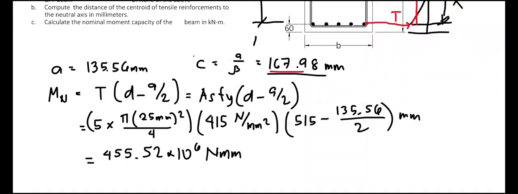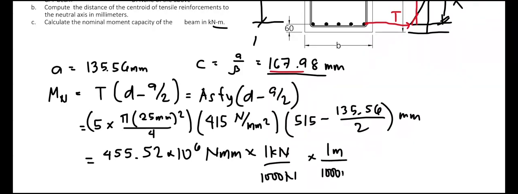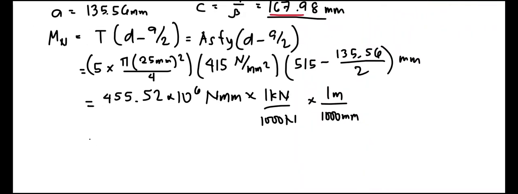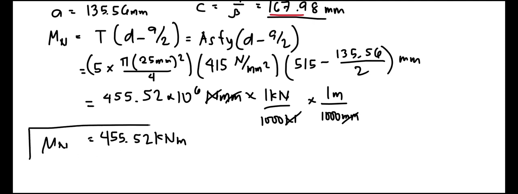And to convert this into kilonewton meters, we multiply this by the conversion factor, that is 1 kilonewton per 1000 newtons and 1 meter per 1000 millimeters. We should get the value that is equal to 455.52 kilonewton meters, since these units cancel, giving us a value that is in kilonewton meters. And this is our final answer.